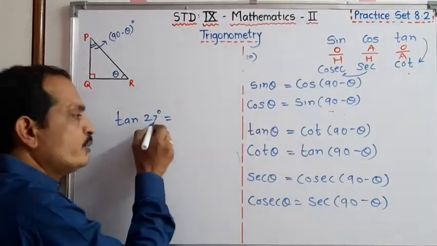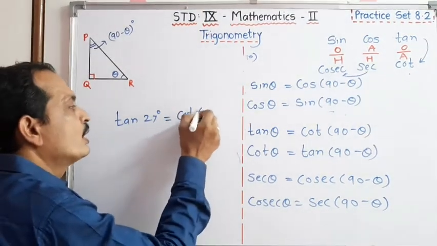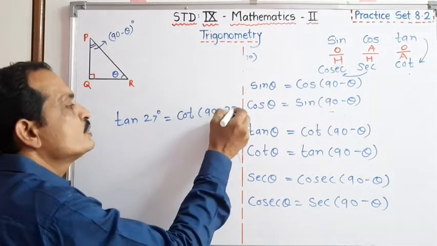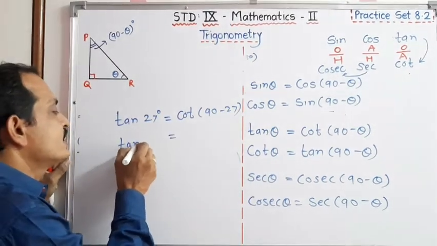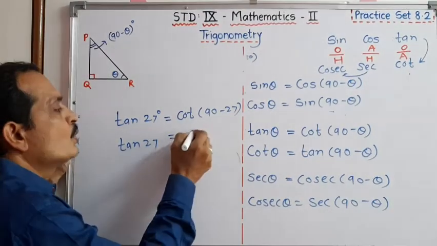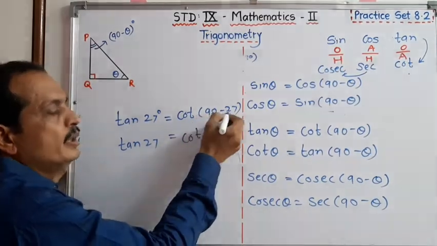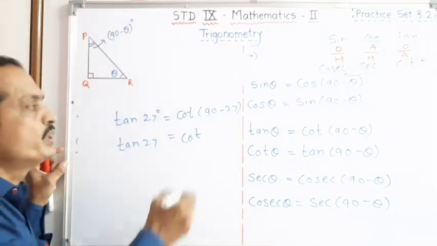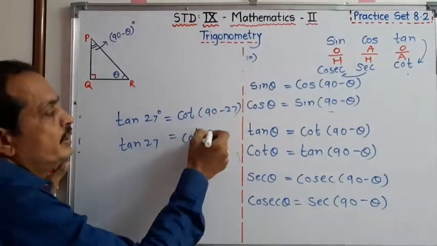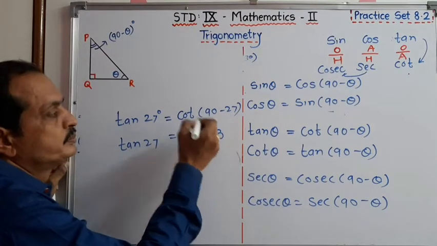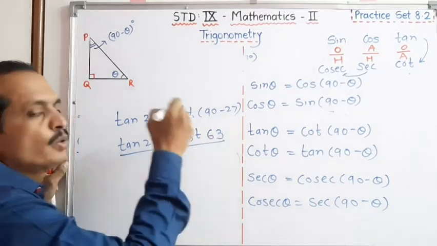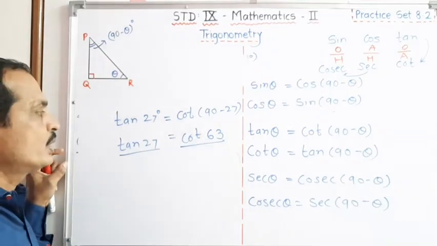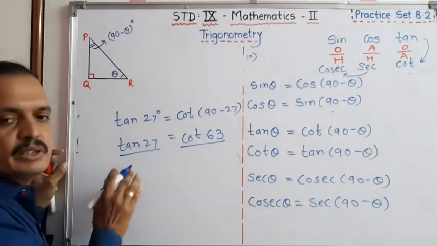That means tan 27 is equal to cot 90 minus 27. How much is it? It is 63. Therefore, tan 27 is equal to cot 63. Got it? This is the relation.